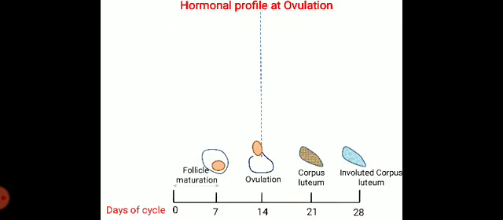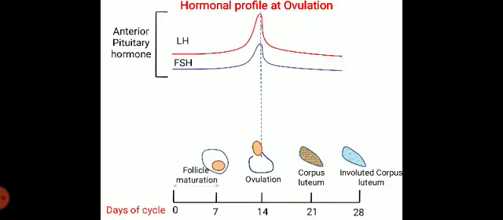When we see the hormonal profile at ovulation, the LH surge starts 32 to 36 hours before the ovulation, and it reaches the peak 12 hours before the ovulation. FSH level also increases, but it decreases at the time of ovulation.